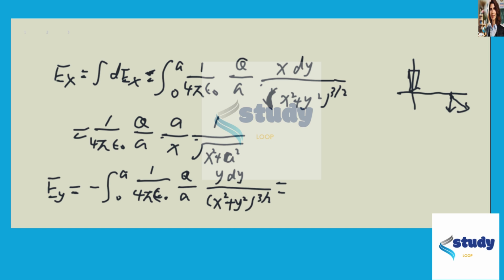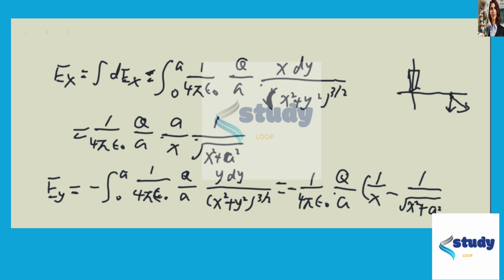And this integral gives you negative 1 over 4 pi epsilon naught times Q over A times 1 over x minus 1 over square root of x squared plus a squared. Okay.